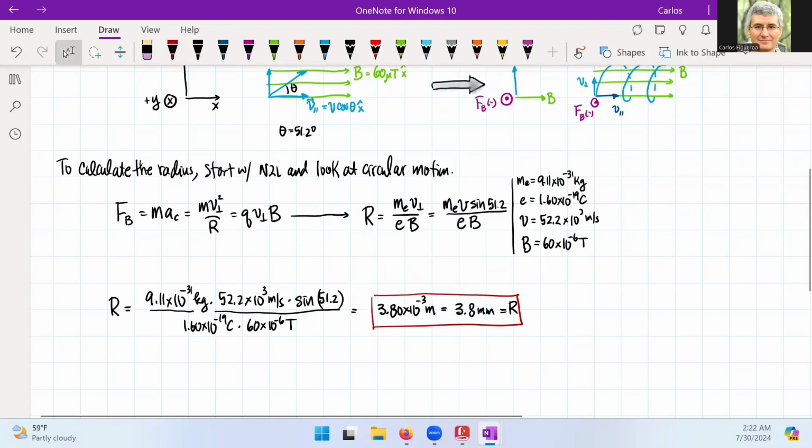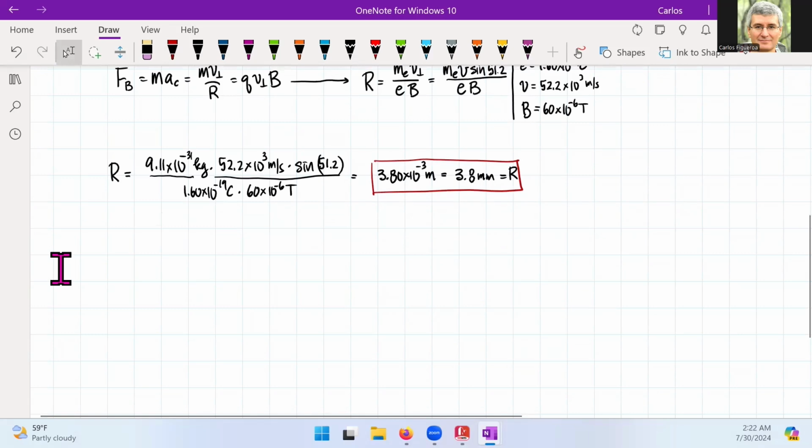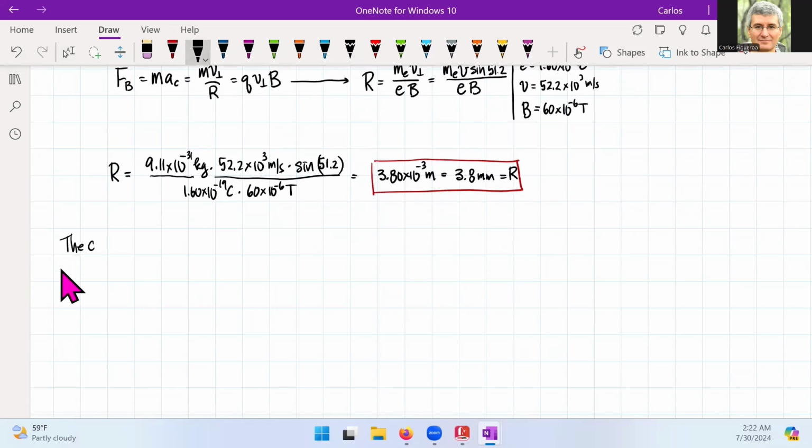So now that I have the radius, I can go calculate the period. So the cyclotron period, or I could have said frequency just as well, right?